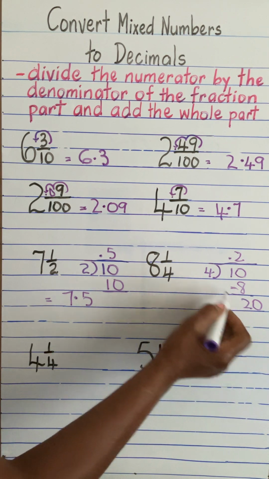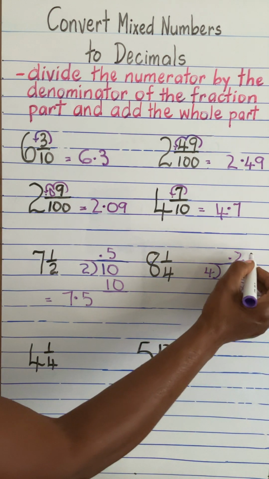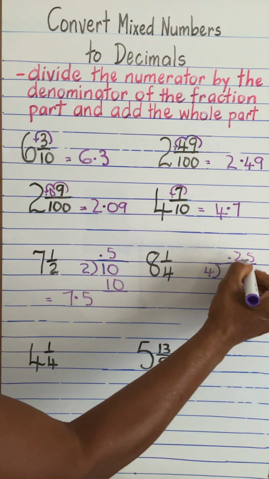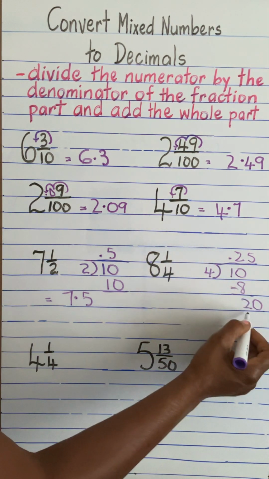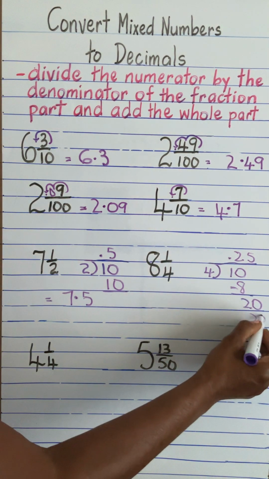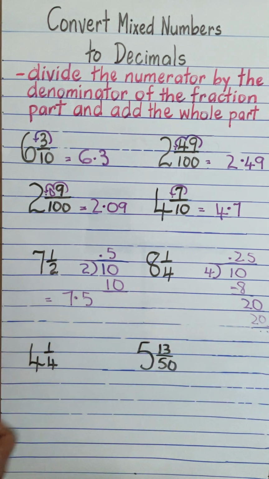So how many times can 4 go into 20? 5 times. Multiply 20 and subtract. We have nothing left.